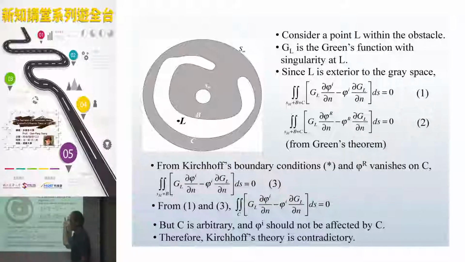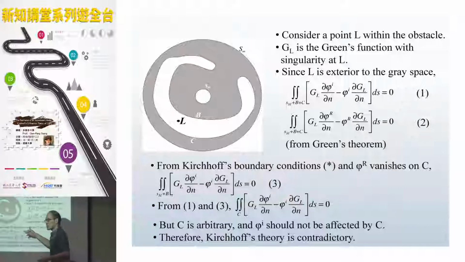And it should apply both to the incident fields phi I and the diffractive fields phi R, right? So these are the natural results of Green's theorem. And then from Kirchhoff's boundary condition, as we saw in the last page, the diffractive fields phi R should vanish on C over here.